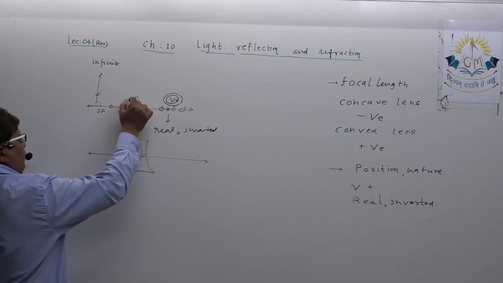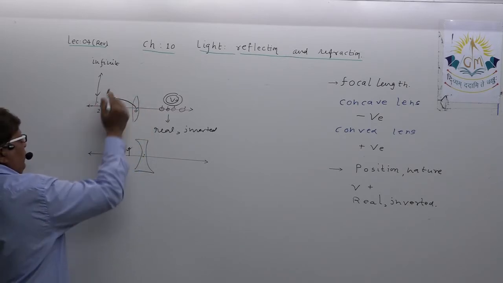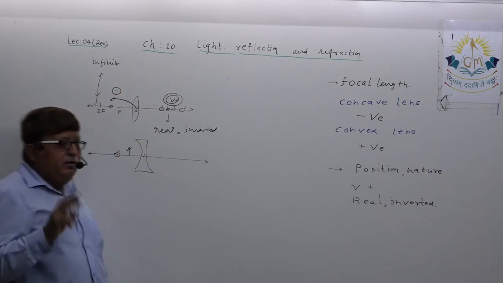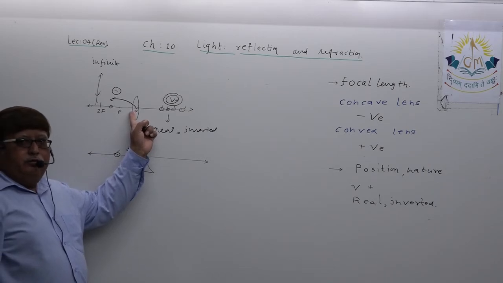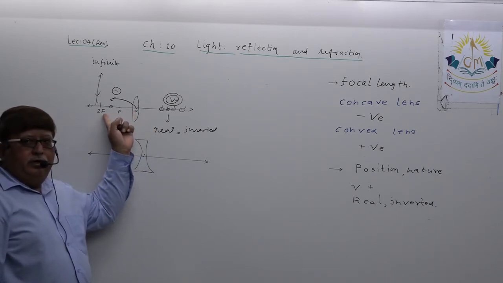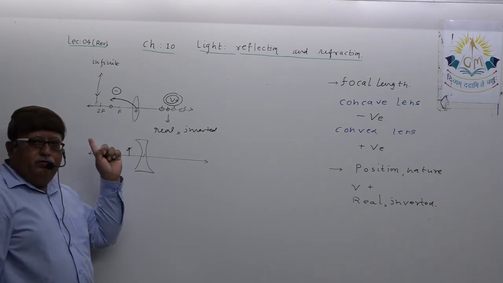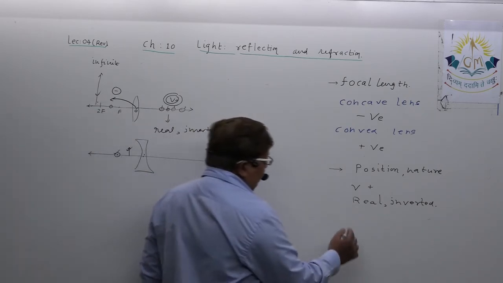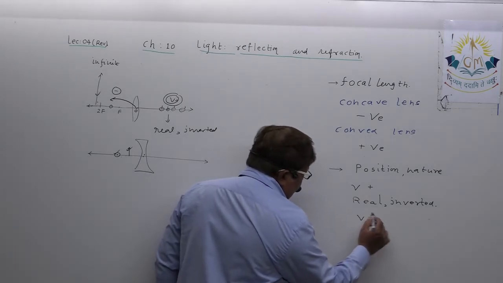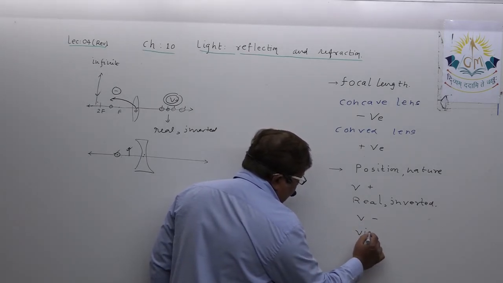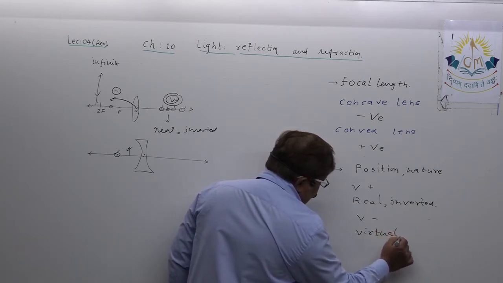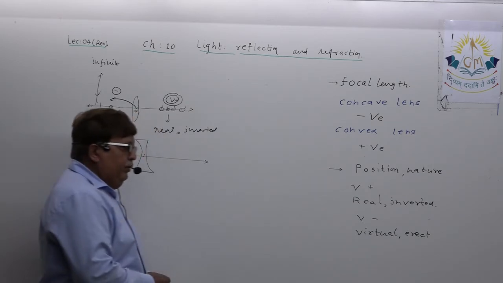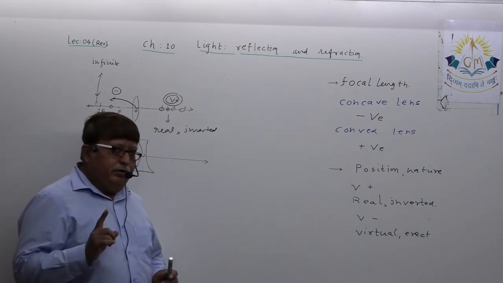Because we are moving on the left side from the optical center, obviously V is negative. Are you catching my point? Because V is negative, the image is virtual and erect and on the same side of the lens. So this very important point: V negative means images are virtual and erect.